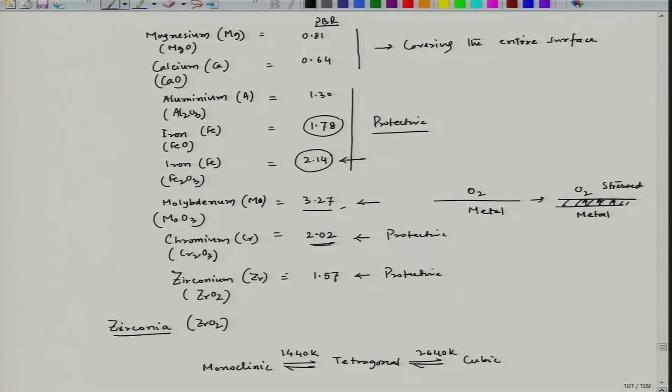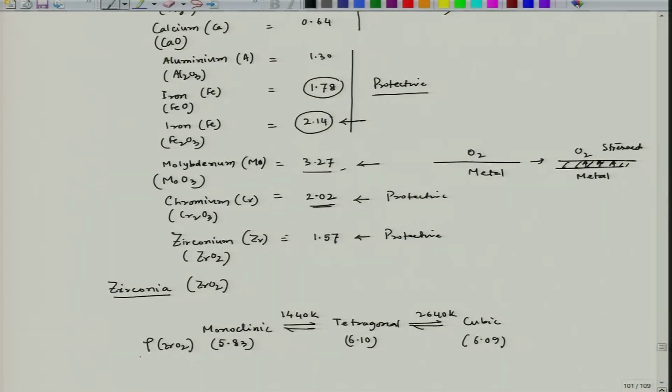If I try to see the density of the metal oxide, here it is 5.83. This is the density of ZrO2. Here it is 6.10, and here it is 6.09, and the density unit is gram per centimeter cube.